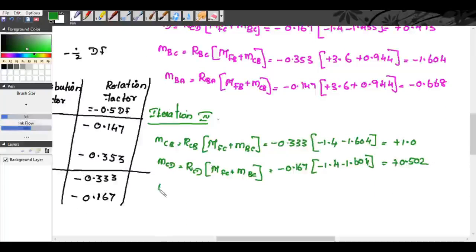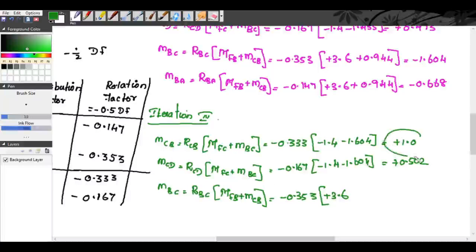Similarly, MBC is equal to RBC into MFB plus MCB. So we get minus 0.353 multiplied by plus 3.6. Now for MCB, you have to use this value plus 1. So it is minus 1.624.